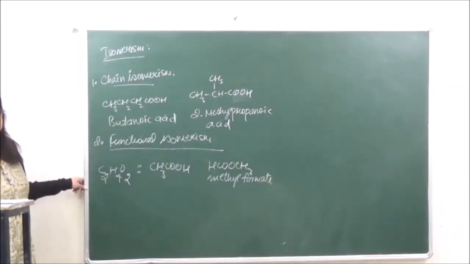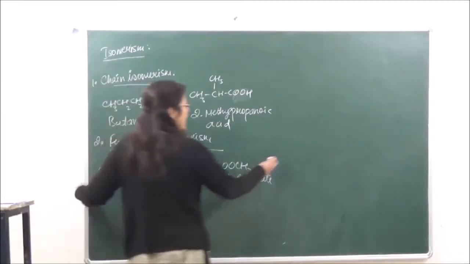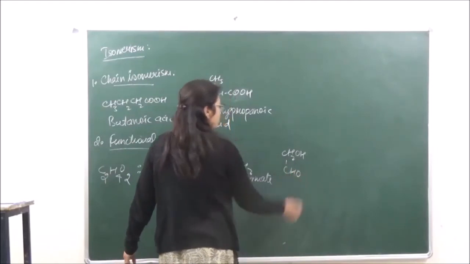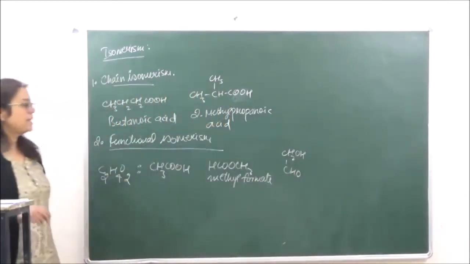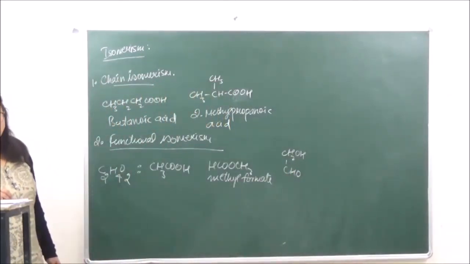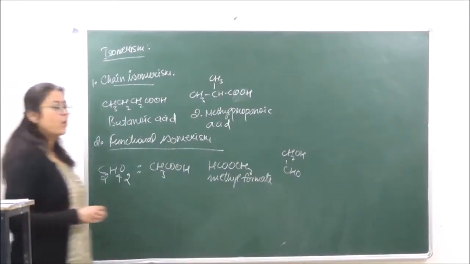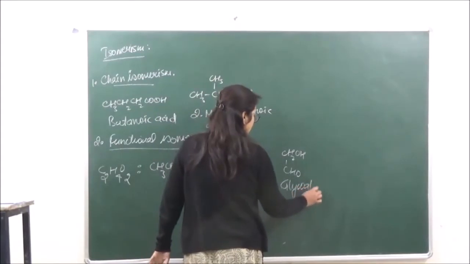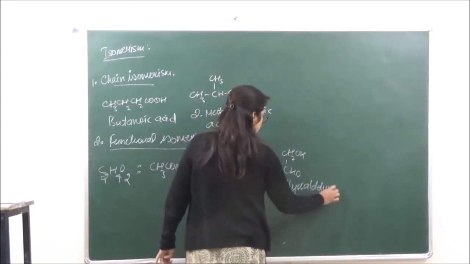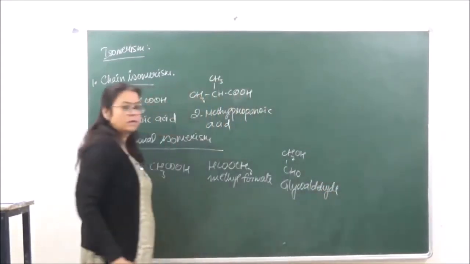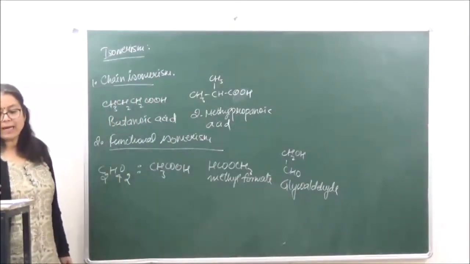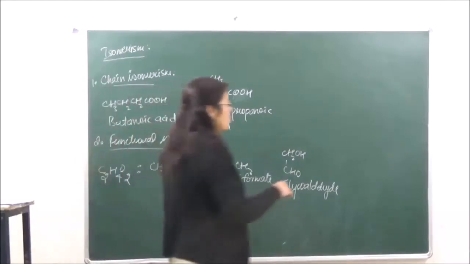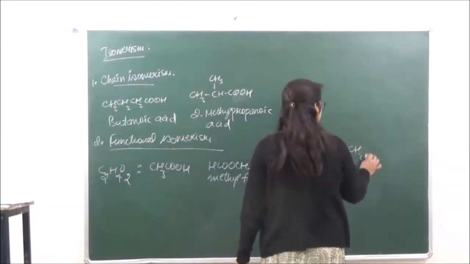Okay? In a similar manner, this can also have a functional isomer of the type CH2OH and CHO. This is known as glycoaldehyde. Or we have hydroxyethylene oxide, which has this formula.